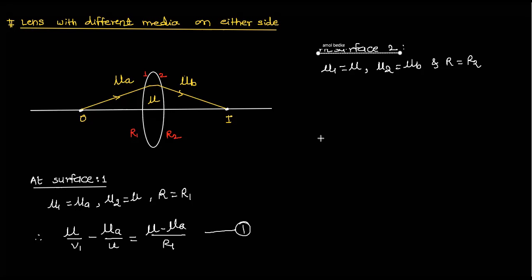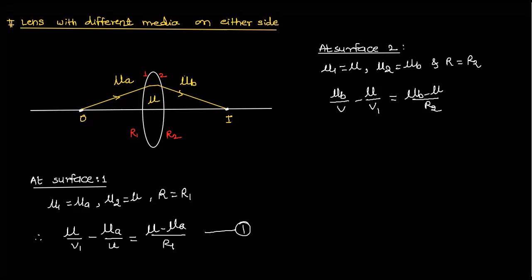So if you use the refraction at curved surface formula again, we get mu B by v minus mu by v1 is equal to mu B minus mu divided by R2.